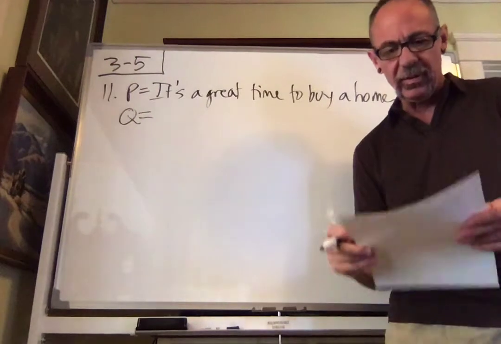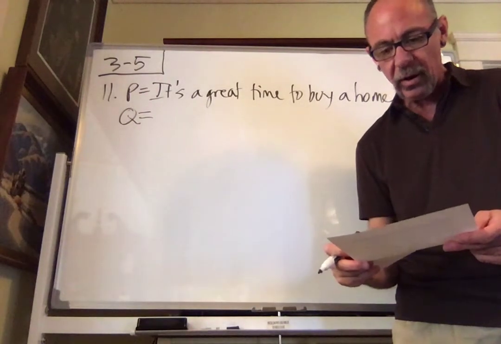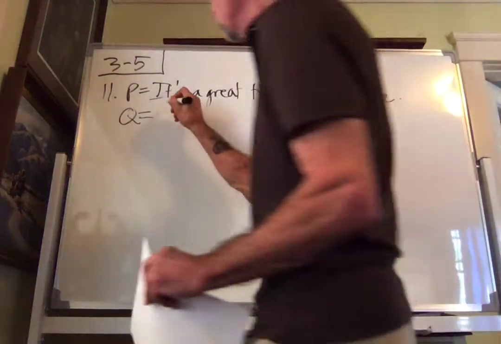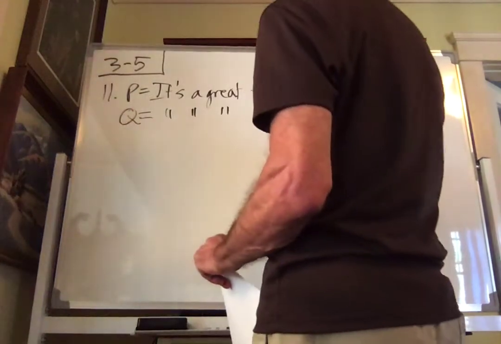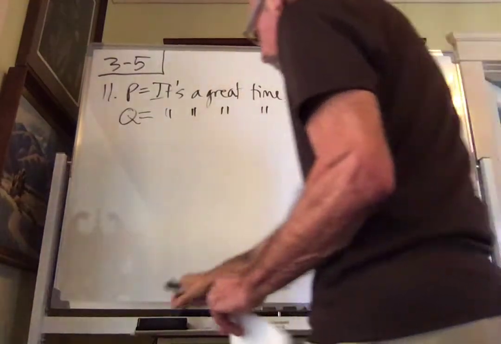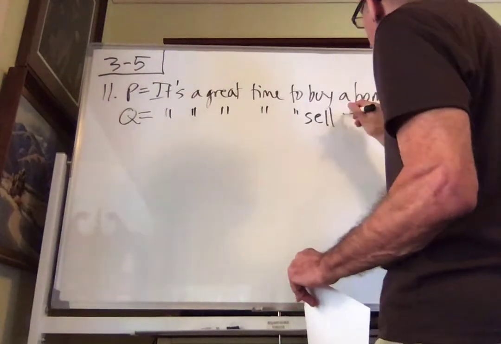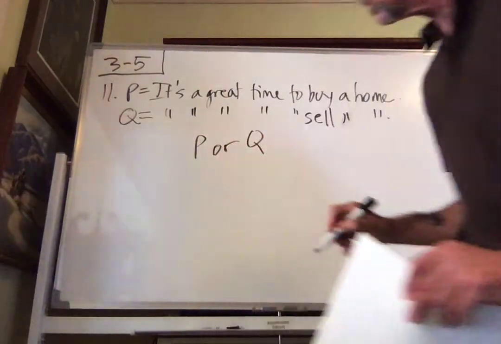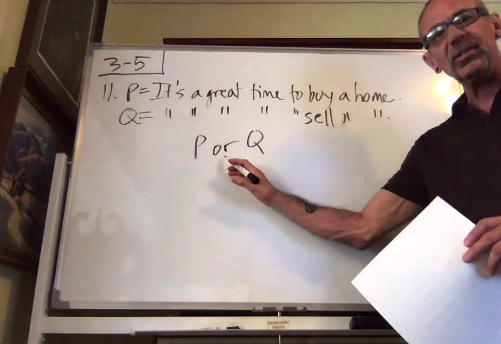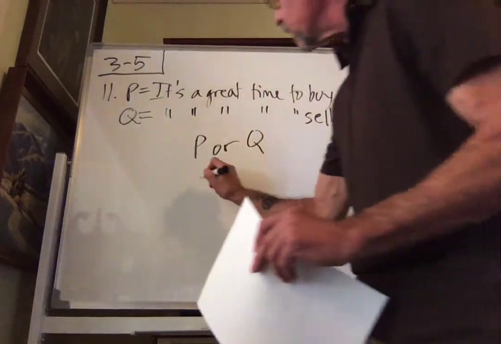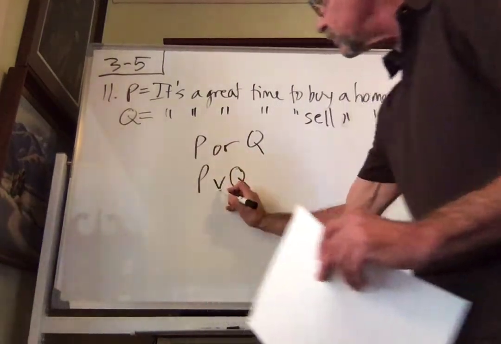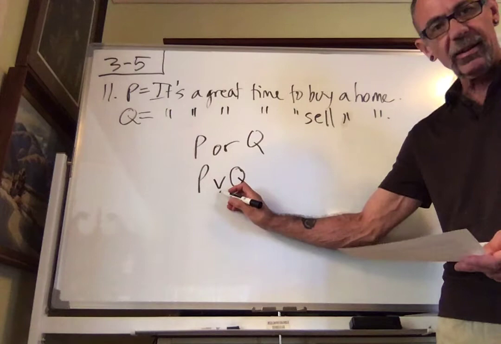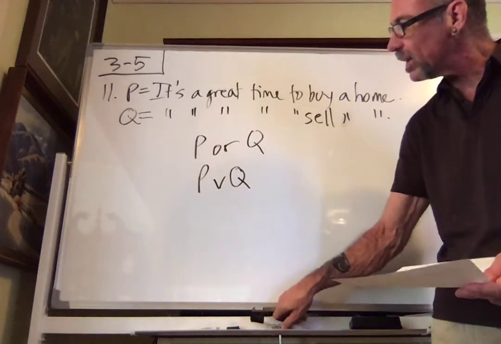And then to get a complete sentence from the words after the word or, which is sell a home, I'll say Q stands for it's a great time to sell a home. Well, we've got then, as an intermediate step, P or Q. The word or in English expresses disjunction, and in the language of truth functional logic, we represent disjunction with this symbol. It looks like the lowercase letter v, but we call it the wedge. So we get P wedge Q as our translation here.